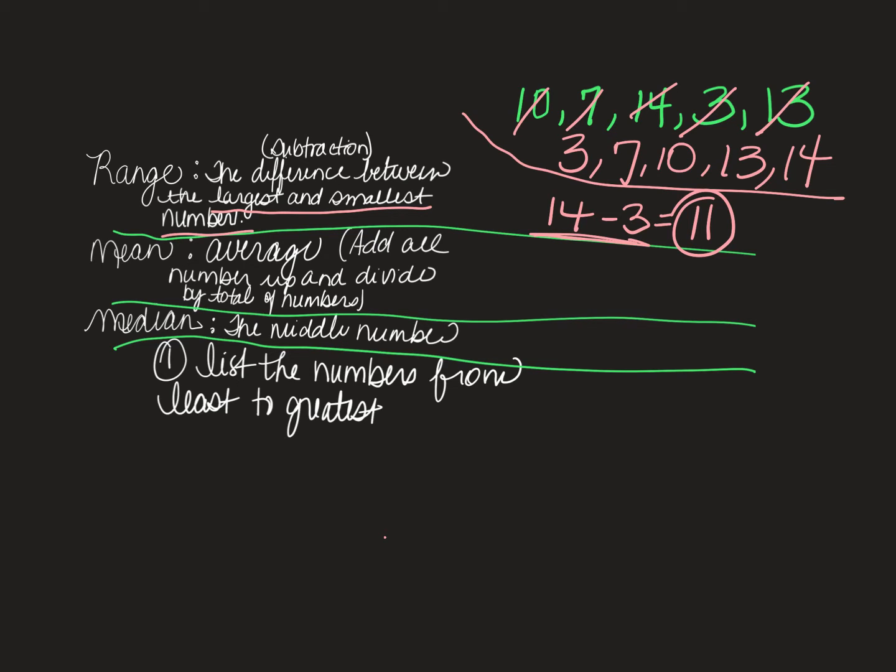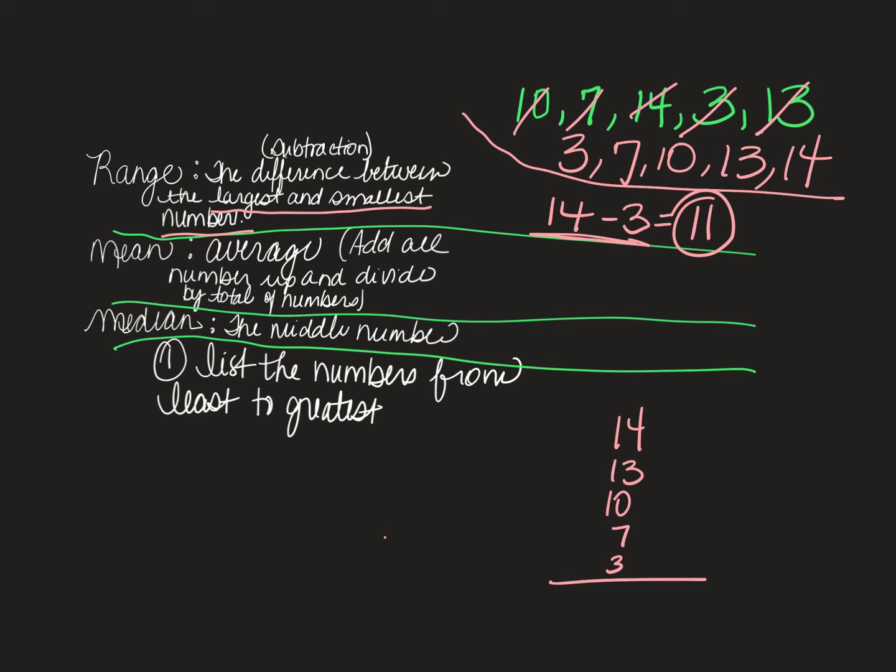The mean is when you add all those together and then divide. That's always how I remembered it. So 14 plus 13 plus 10 plus 7 plus 3.